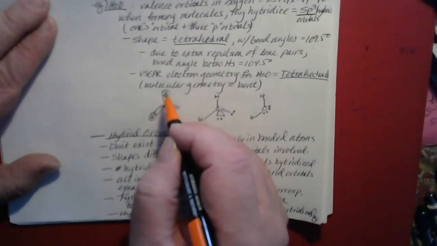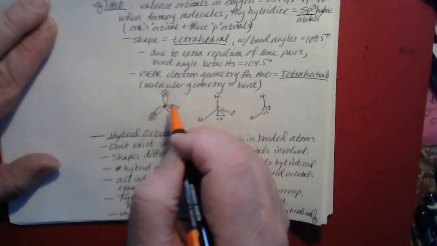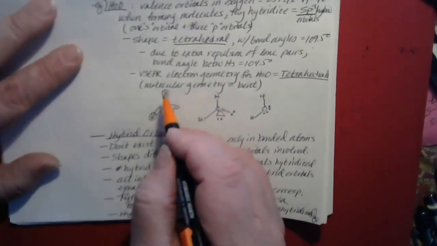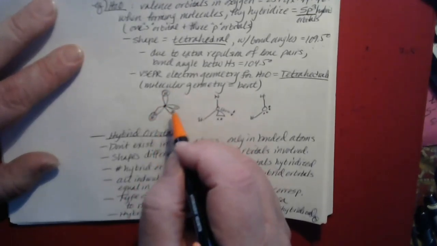So you have your oxygen, and you have your badly drawn tetrahedral lobes of the sp3 orbitals, and a hydrogen with its s orbital will attach to one of those lobes, and another hydrogen with its s orbital will attach to another one of those lobes, and the other two lobes will be lone pairs.